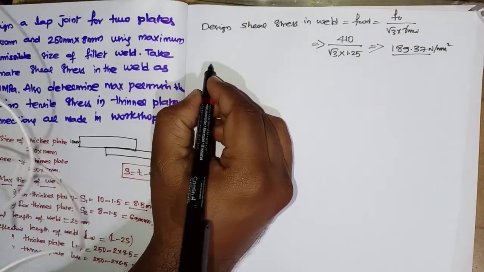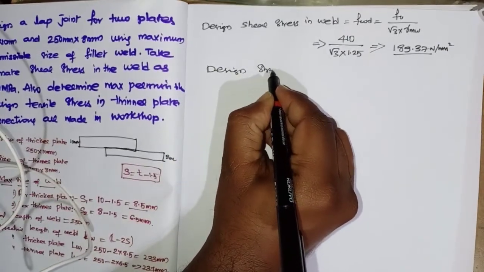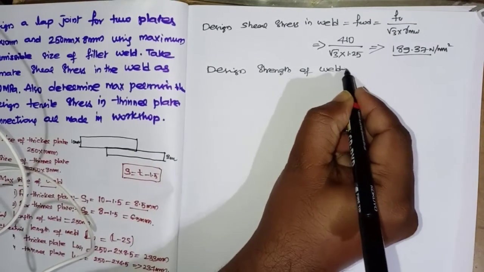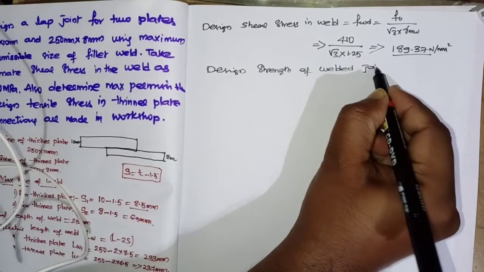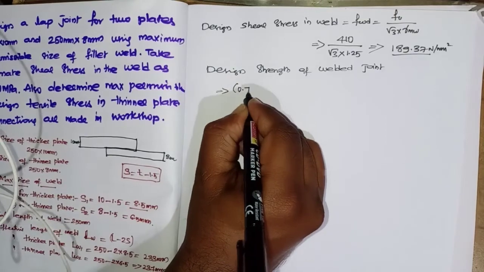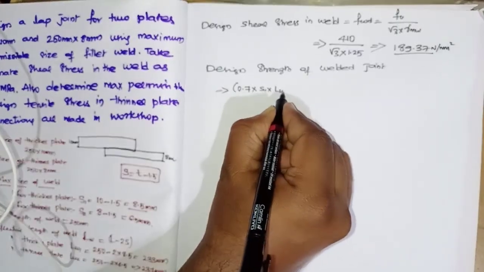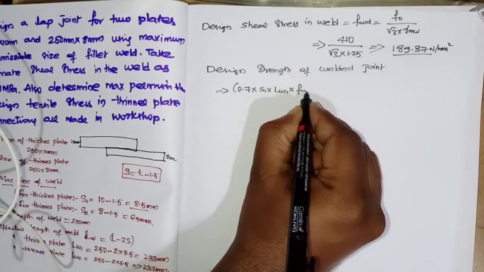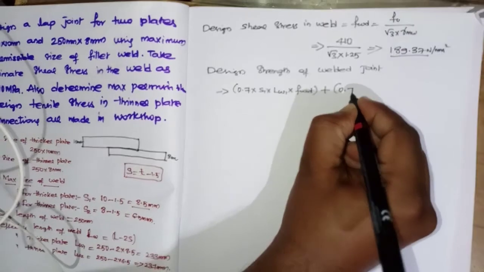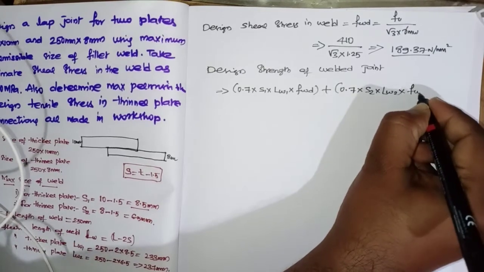Next, design strength of welded joint. Design strength of welded joint is equal to how much? 0.7 into S1 into LW1 into FWD plus 0.7 into S2 into LW2 into FWD.